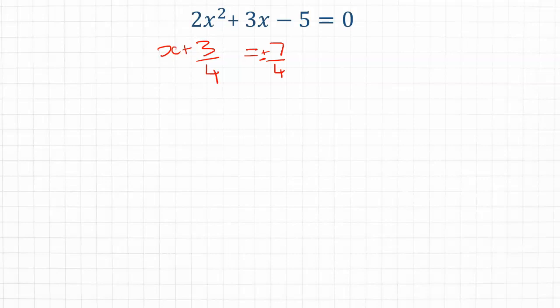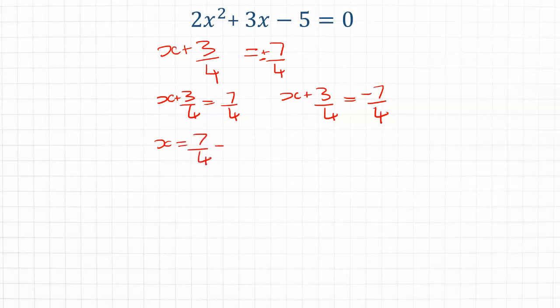So x plus 3 over 4 equals 7 over 4, or x plus 3 over 4 equals minus 7 over 4. So taking the first equation, x equals 7 over 4 minus 3 over 4, which is 4 over 4, which is 1.